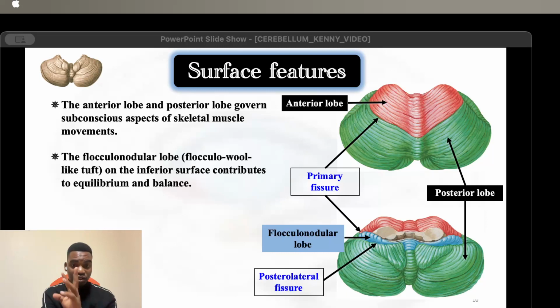This is just an anatomical classification. This is just the anatomy, the surface anatomy of the cerebellum. We will dive into functional organization later, but in this surface anatomy, we appreciate that the anterior lobe and the posterior lobe will help to govern some aspects of the movement of skeletal muscles, the anterior and the posterior lobe.